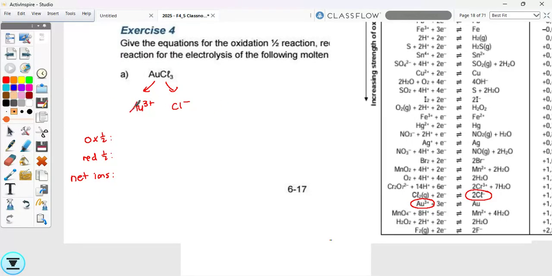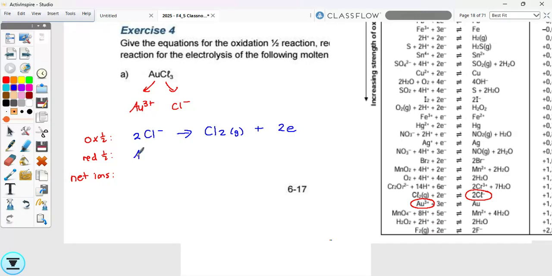Oxidation. Which one is going to be oxidation? Perfect. So you copy it from the table. 2Cl minus, one-way arrow from the right to the left, forms Cl2 gas plus 2 electrons. And then for the Au3 plus, the other one is going to be reduction.